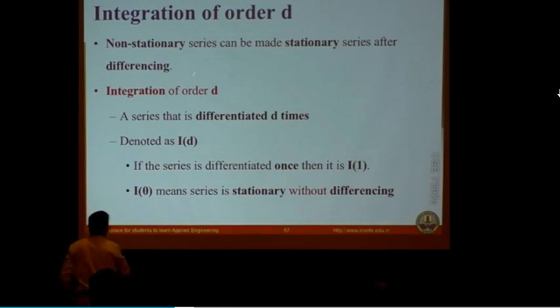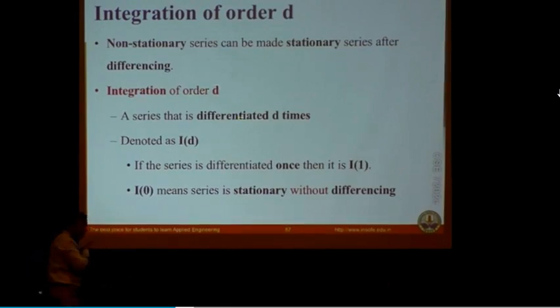How many times did I difference the data to make it stationary? That many times I have to integrate it back. Okay, that's the I. It is denoted as I(d). And if you don't need to difference at all to make it stationary, then this is I(0).